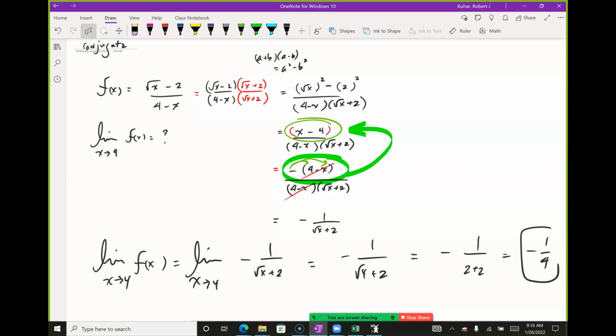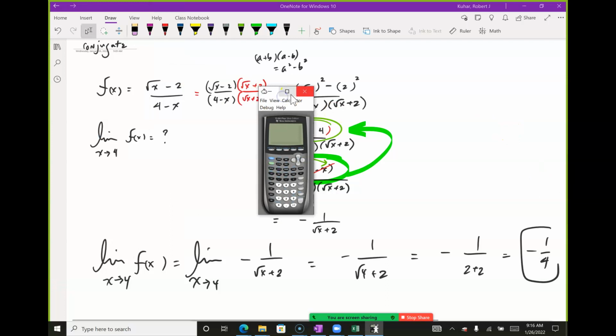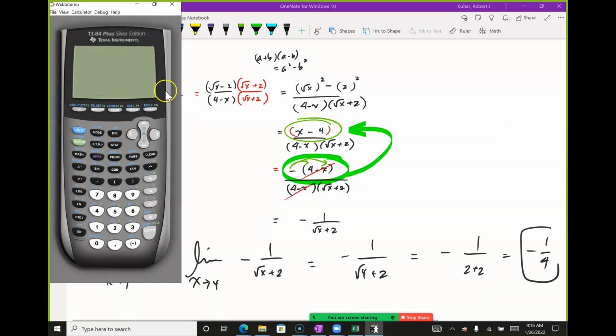I want to go back to my calculator here, and I want to put my function in my calculator. I know at times I can get a little bit fast with this stuff, so don't let me go too fast. If you're following along with me, stop me, right? Just say, Robert, whoa, slow down, or can you start that over. So I'm going to go into my y equal, and I'm going to put in my new function.